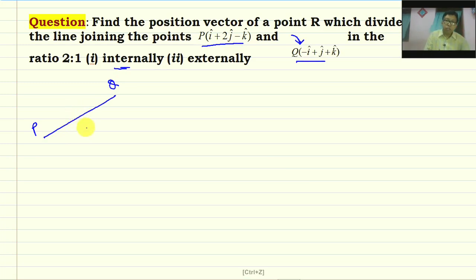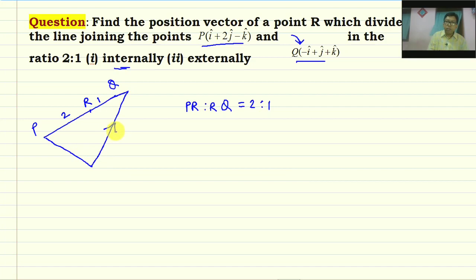R cuts the line segment PQ in the ratio 2:1. What is given? PR is to RQ is equal to 2:1. This is given. So the position vectors are given.